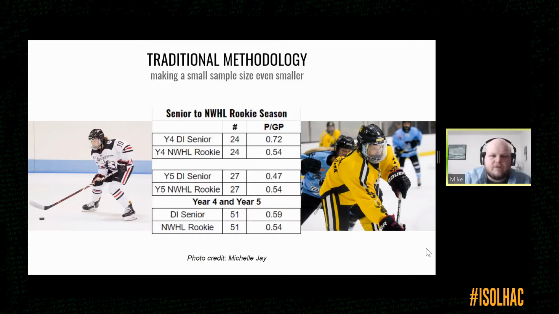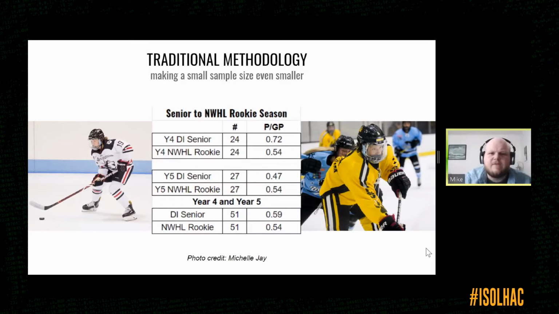So in year 4, which was the 2018-19 season, you can see that the Division I seniors as rookies, their production slipped down, which makes sense because you would expect it to be more difficult to produce at the NWHL level. Very interestingly, this past season, the rookie class actually produced more than what they did in the NCAA, which is obviously really intriguing and something I intend to dig into more.